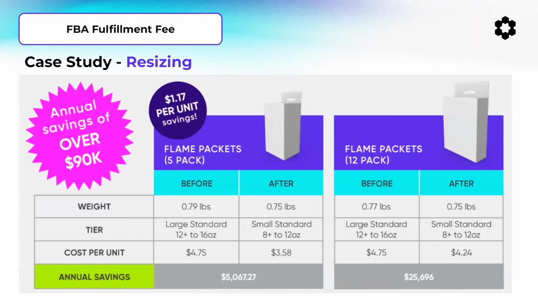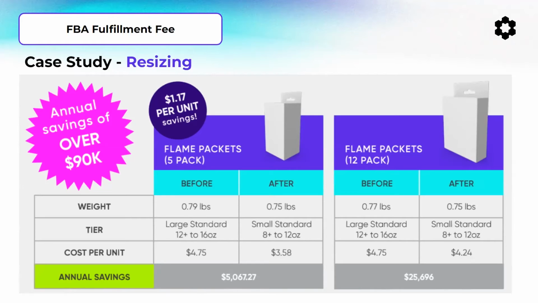Then we had a case study for this brand, right? This is just 2 of the products that we scanned. I believe we checked 4 different products, and with this product, we identified opportunities to move into a lower size tier based on just shaving, in this sense, 0.04 pounds.